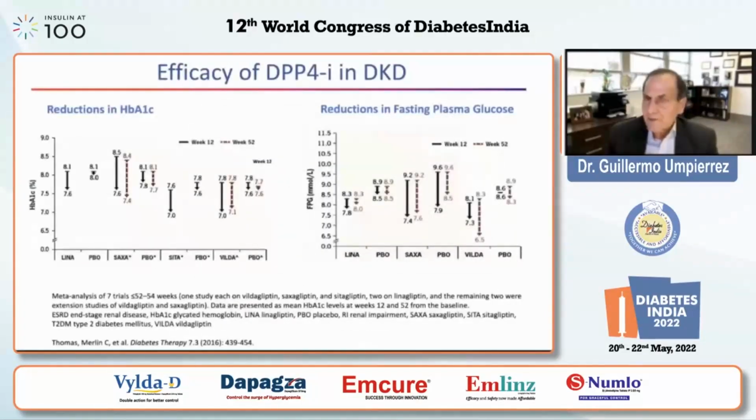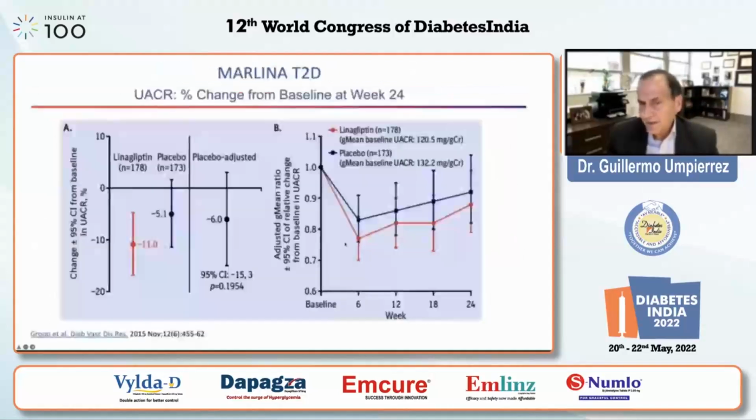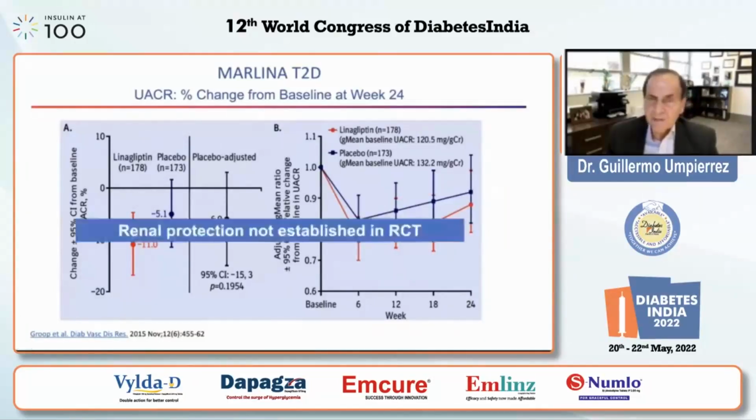What about DPP-4 inhibitors? They're effective in patients with diabetic kidney disease, decreasing hemoglobin A1C by about 0.6 to 0.8%, all of them. But unfortunately, for urinary albumin creatinine ratio, there was no significant difference. So DPP-4 inhibitors have been tested, all of them, but none has been shown to prevent the progression of diabetic kidney disease.